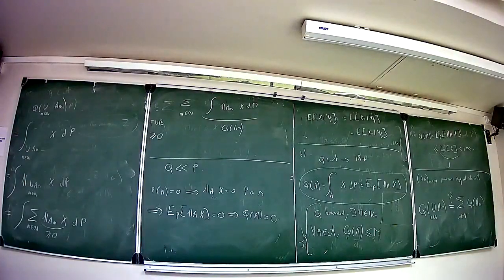You have a measure that is bounded and that is absolutely continuous with respect to P. So Q defined this way fulfills the fact that Q is a measure, that it fulfills the sigma additivity property, is bounded, and absolutely continuous with respect to P.